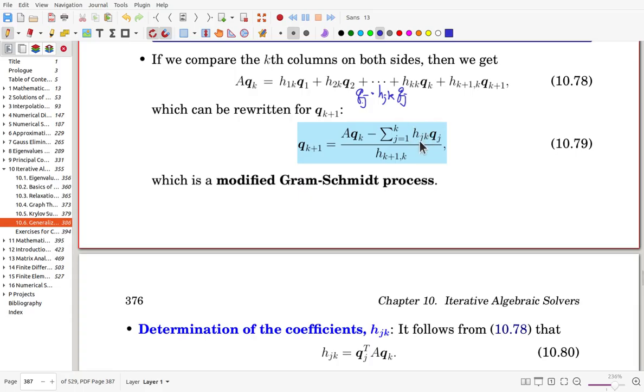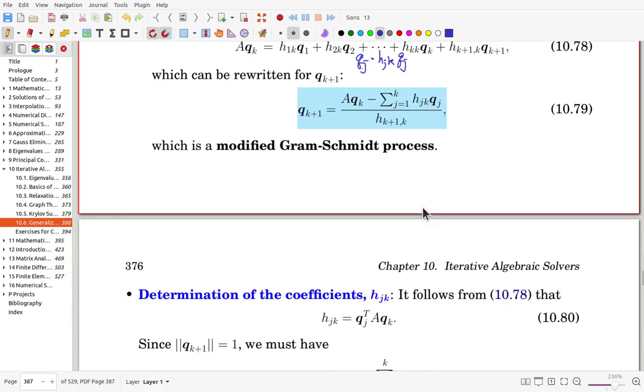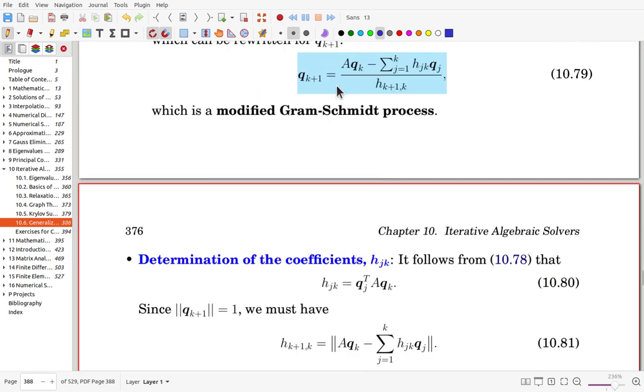And now the remaining part is to decide this one. Here the requirement is, okay, this is a vector. Now qk plus 1 must have length 1, so we measure the norm of this vector and assign it to the quantity. Then eventually qk plus 1 has length 1. So here hk plus 1,k is the norm of this top portion.